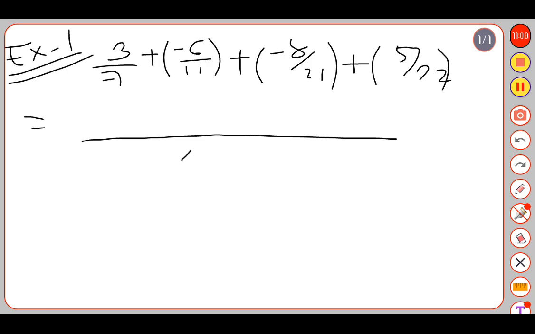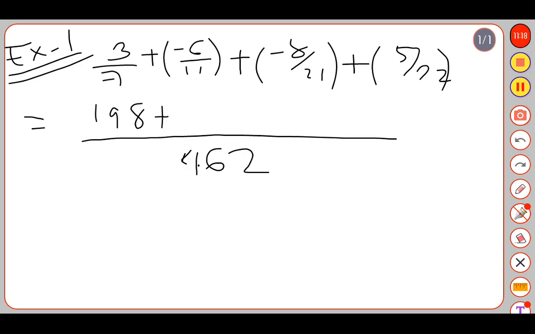By taking the LCM we get 462. Now we will divide 462 by 7 and we will get 66, and we will multiply it with 3. 66 into 3 will be 198.